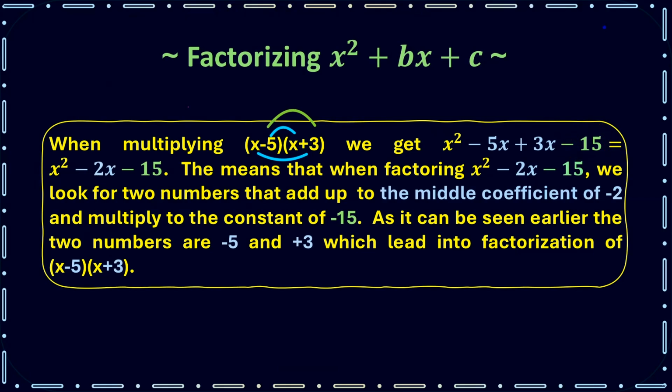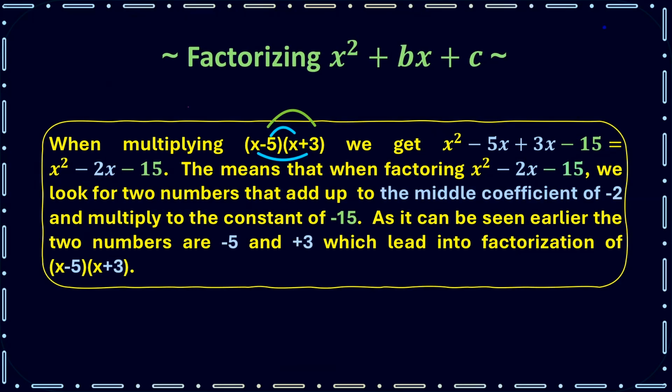So notice that negative 5x plus 3x when added up results in negative 2x. Therefore, we know that the middle coefficient is the result of two numbers that are added to be negative 2.